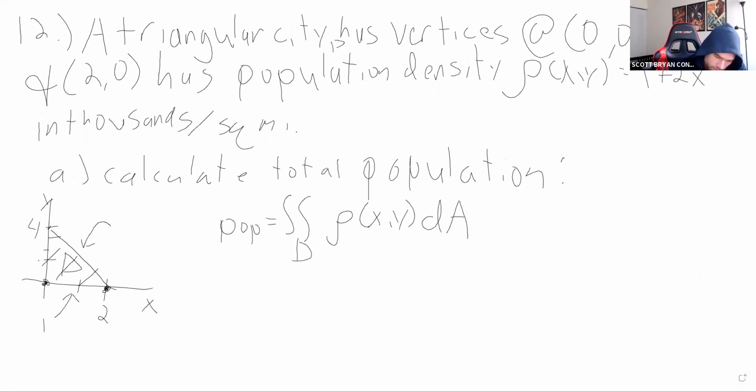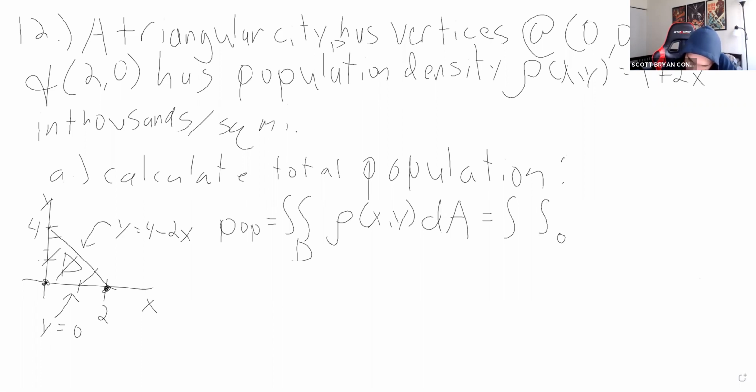So our bottom curve is, of course, y equals 0, and our top curve is y equals 4 minus 2x. So y is bounded by functions of x, so we're going to integrate with respect to y first.